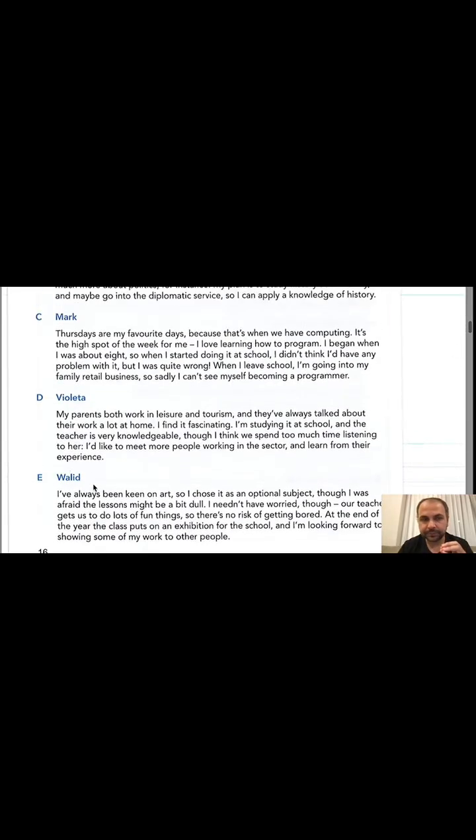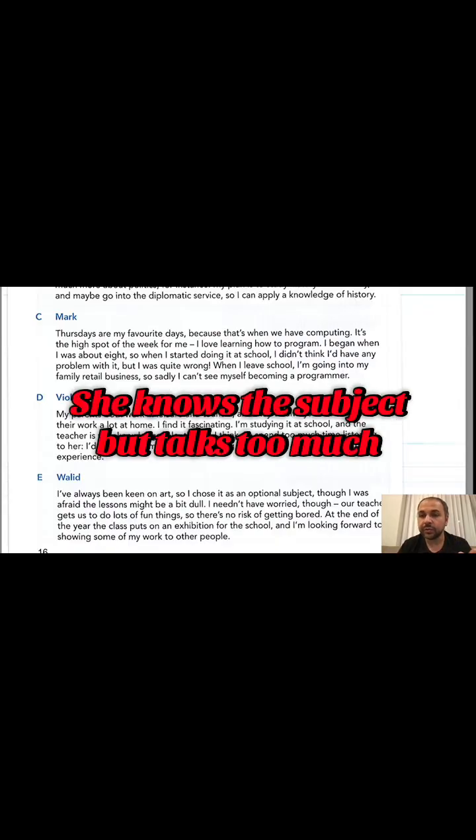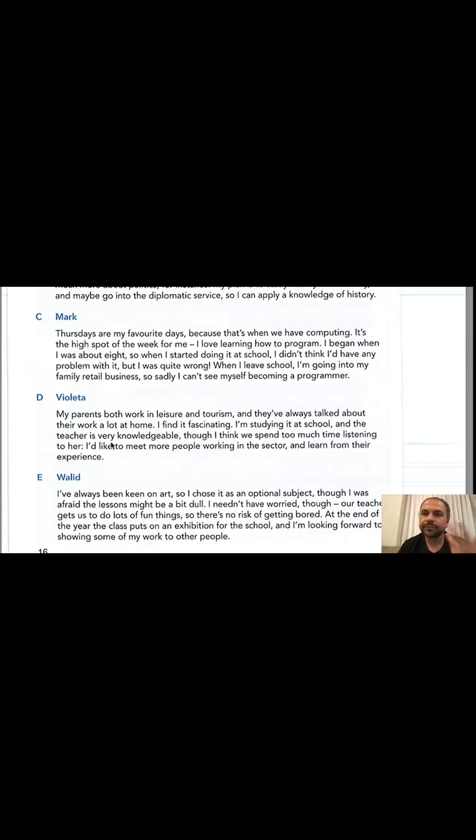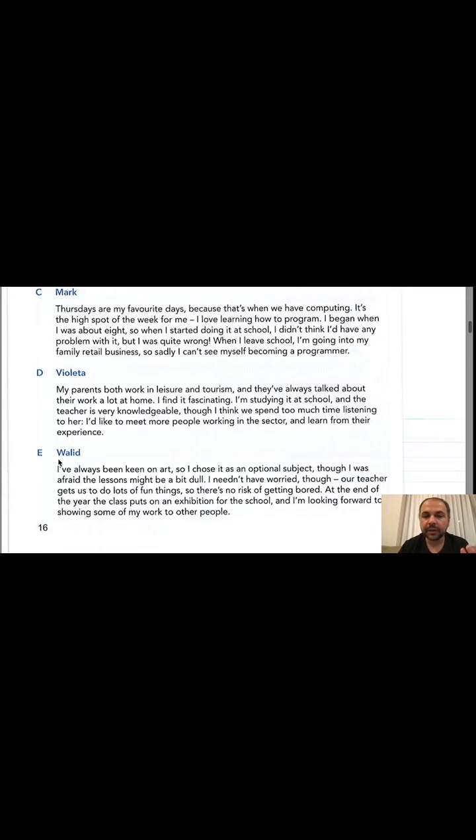However, there is something that the student does not like. Let's have a look at the text D. Here it says, so the teacher is very knowledgeable, though I think we spent too much time listening to her. So she still enjoys it, but prefers something else.